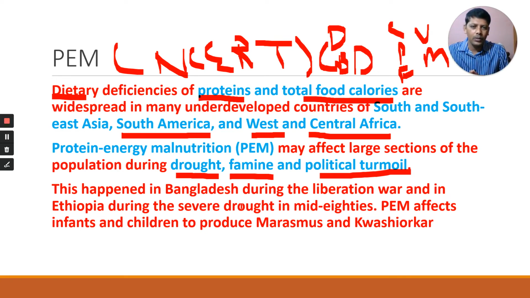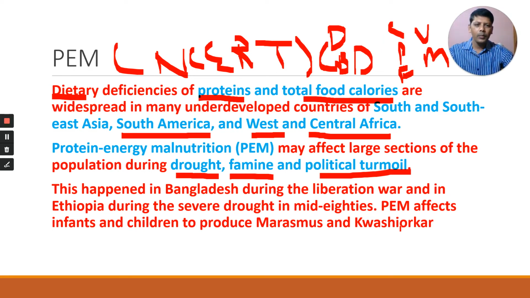At that time, the malnutrition problem was very severe in Bangladesh, and in Ethiopia also, a country in the African continent. During the severe drought in the mid 80s, several people died because of malnutrition.